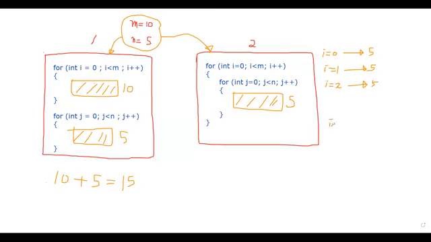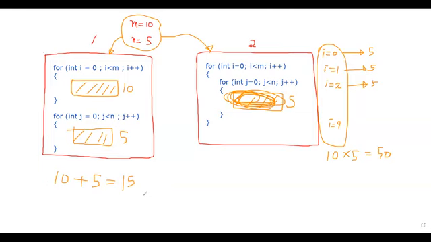And I will go up to 9, so actually it is total 10. So this part will be executed 5 times, and total will be 50.